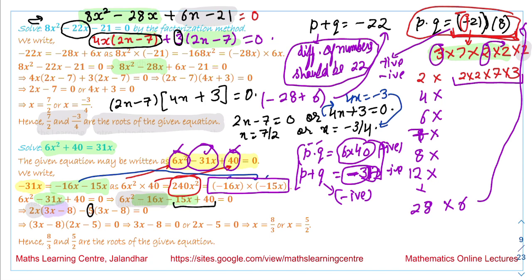So this term 3x minus 8 is common in both of these, and if we take this term common, we get the answer 3x minus 8 into 2x minus 5, and this gives us x is equal to 8 by 3 or x is equal to 5 by 2. So 8 by 3 and 5 by 2 are the roots of the given equation.